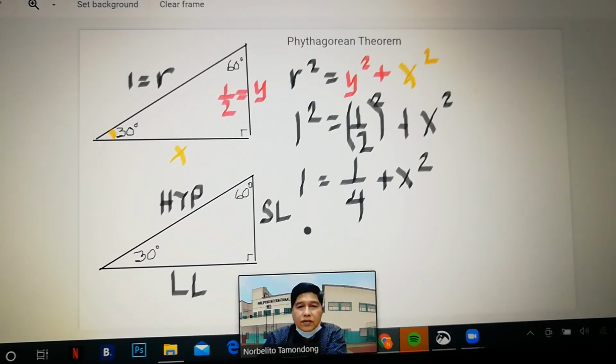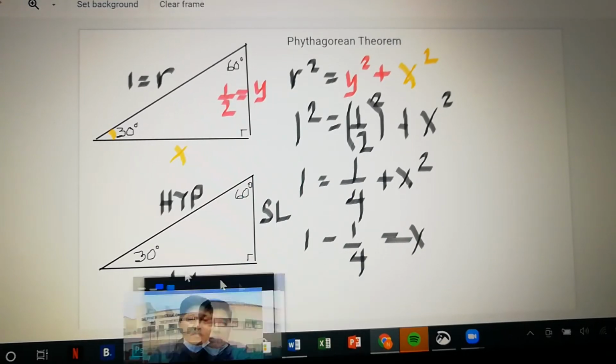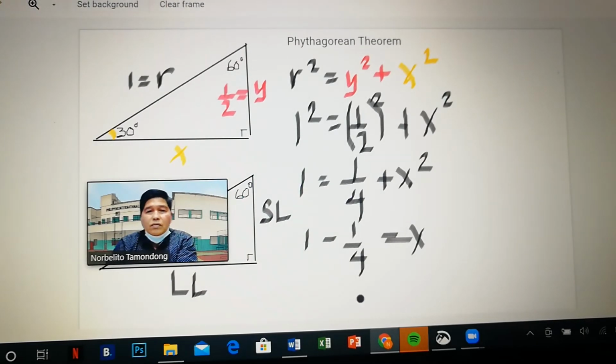So 1, if you transpose 1/4 to the other side, it becomes minus 1/4, is equal to x squared. Now 1 minus 1/4 is equal to 3/4. 3/4 is equal to x squared.